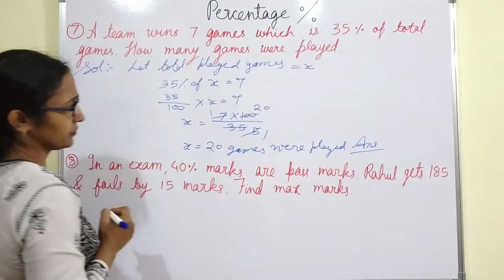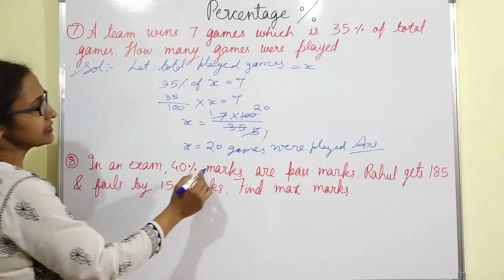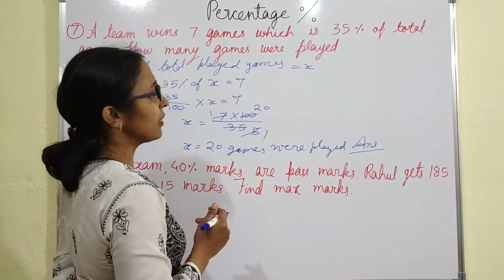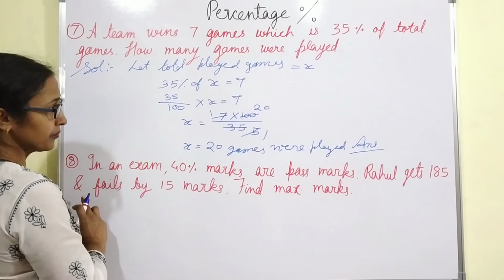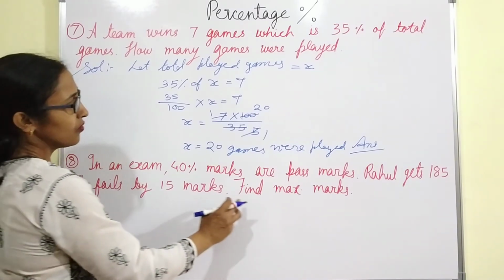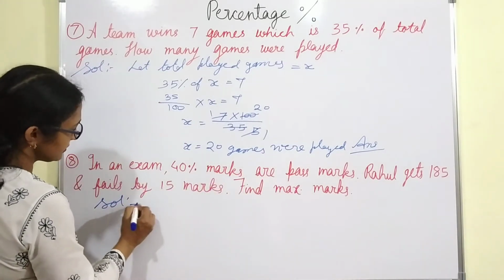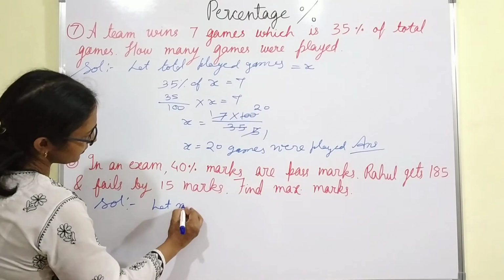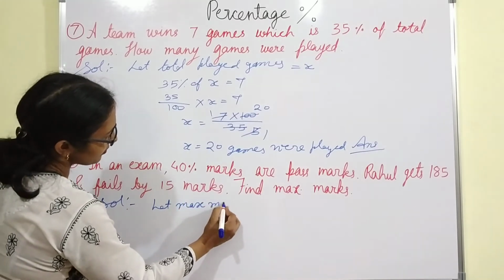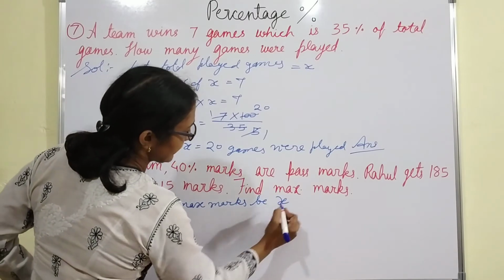Okay. Now the next question is, in an exam 40% marks are passing marks. Rahul gets 185 marks and fails by 15 marks. Find maximum marks. So the solution is, let maximum marks be x.